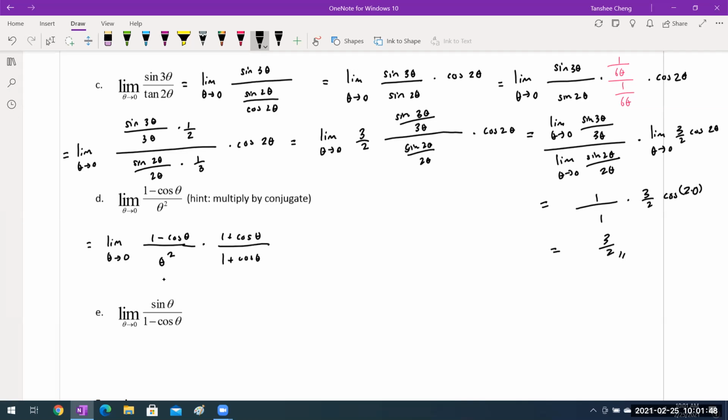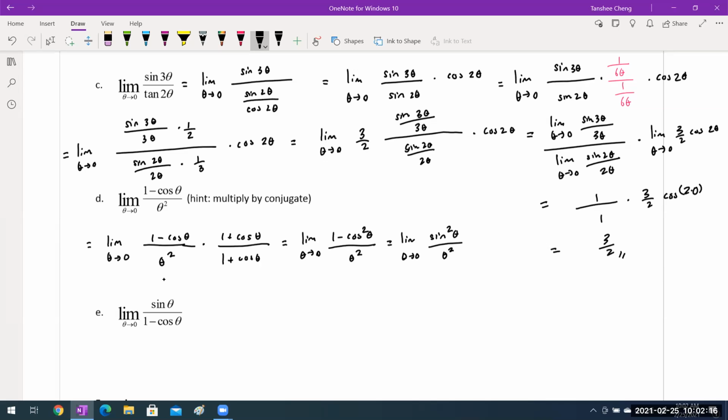We multiply by the conjugate, which will give us the limit as theta approaches 0 of 1 minus cosine squared theta over theta squared. That is the same thing as the limit as theta approaches 0 of sine squared theta over theta squared.